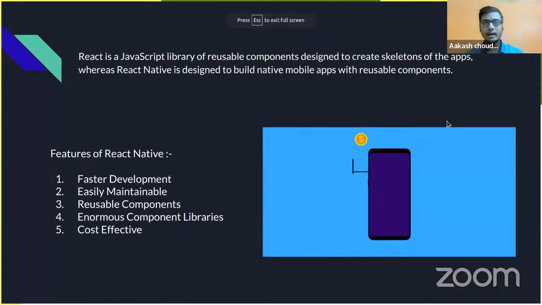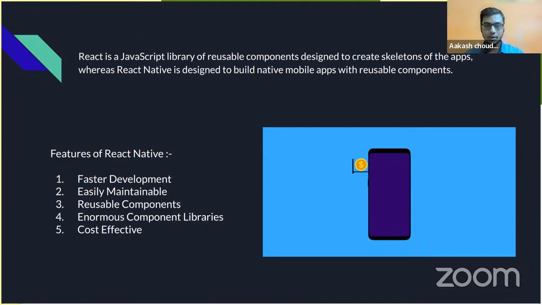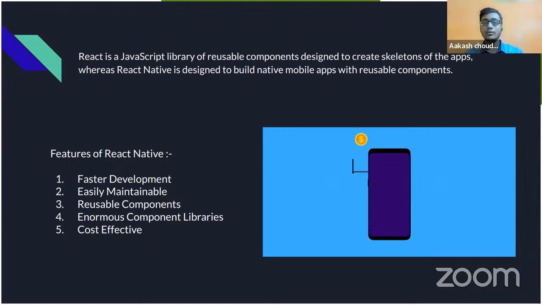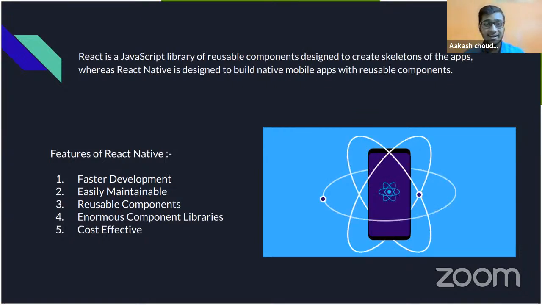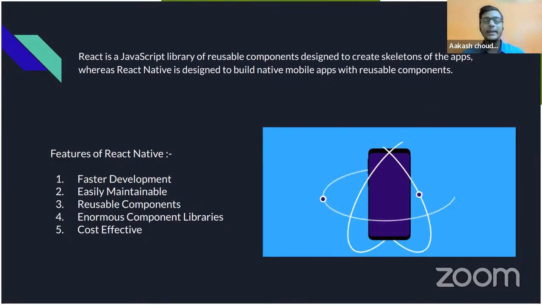Redux is the thing which will help you to manage your states moving around in the application. Okay. Reusable components: as it is using React.js, it knows how to reuse the components, how to keep them in action, and how not to duplicate things.